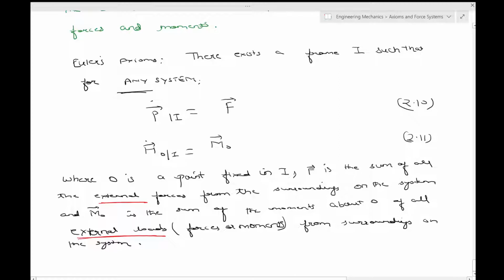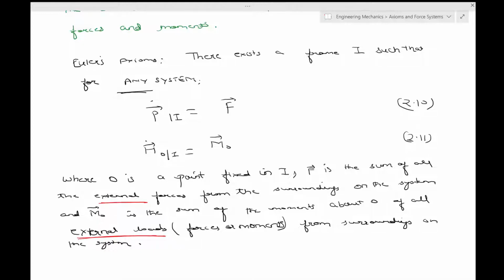The change in momentum in the I frame is equal to the sum of all the external forces on this system, and the change in moment of momentum of the system about a point O in this frame is equal to the sum of all the external moments, which can be either direct moments or the moments due to forces.